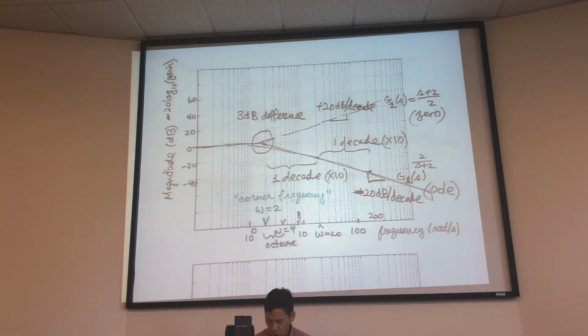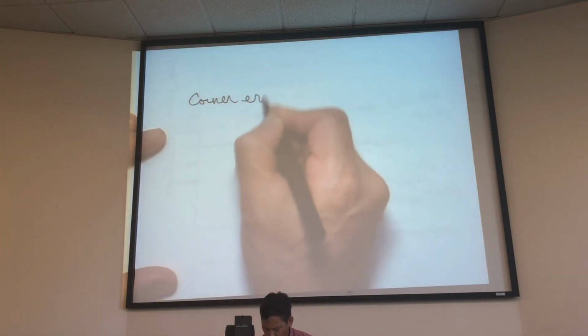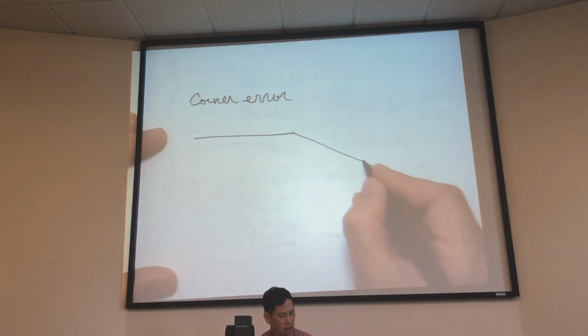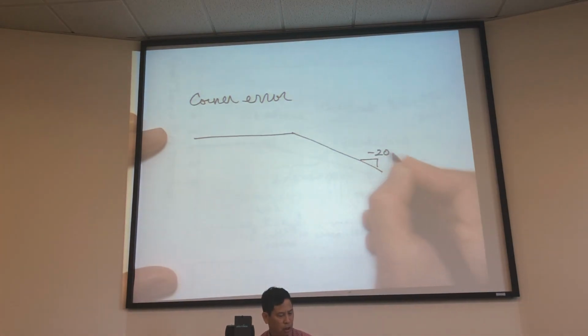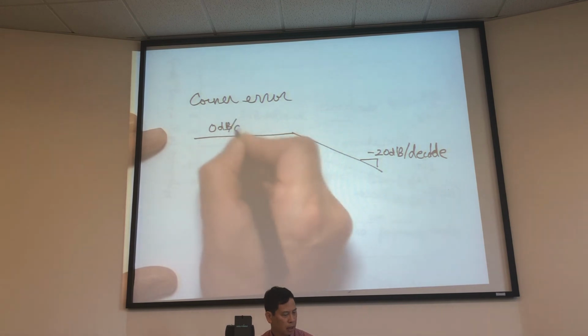Let me zoom in a little bit on a blank sheet of paper. Let me just call this the corner error. So the corner looks like this. Down here, it's going minus 20 dB per decade. Here, the slope is flat, 0 dB per decade.